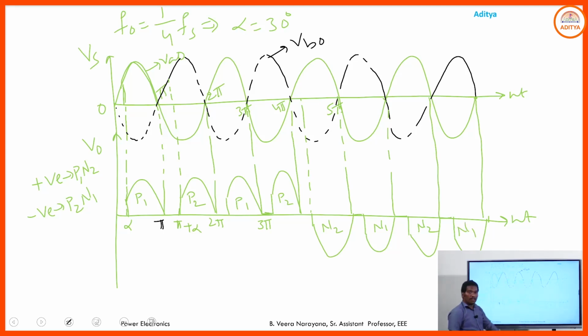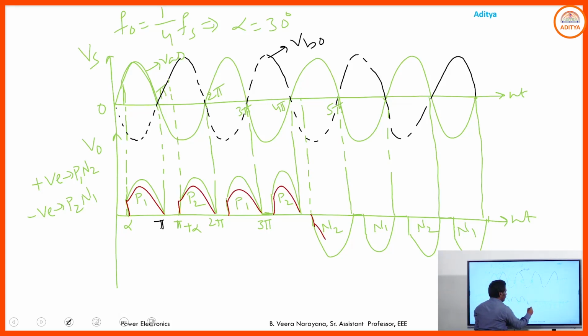In this manner we are able to provide the gate pulses to the switches, and corresponding to that we are able to collect the output voltage. So this is the representation of F0 equals 1 by 4 Fs for alpha equal to 30 degrees. If you want to draw the output current waveform, here we have a purely resistive load, so the output current is in phase with the voltage.